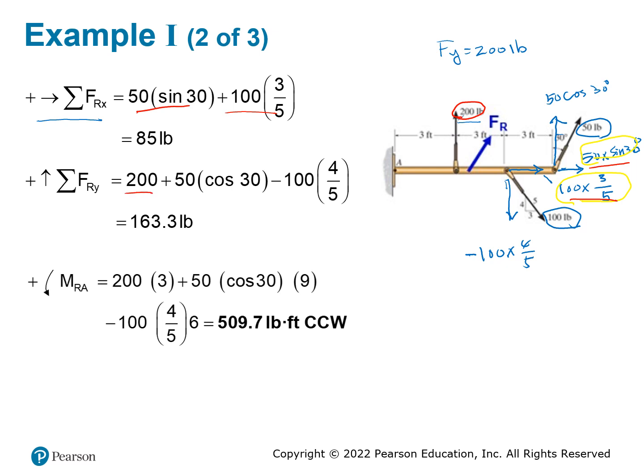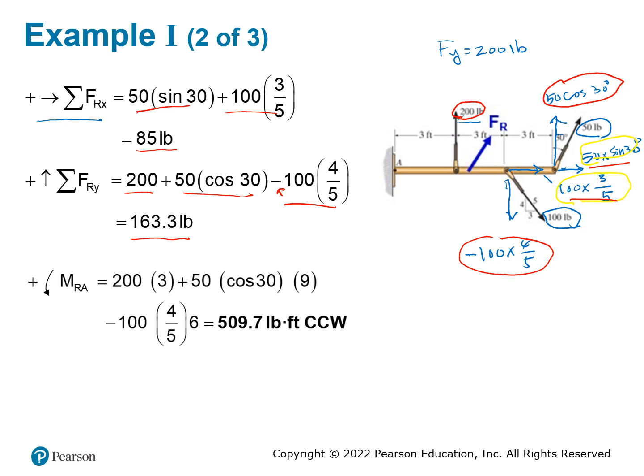This one is due to this one here, and this one is this one here, and it's negative, right? So you can sum these forces. So x is 85, y is 163.3, and then the moment.